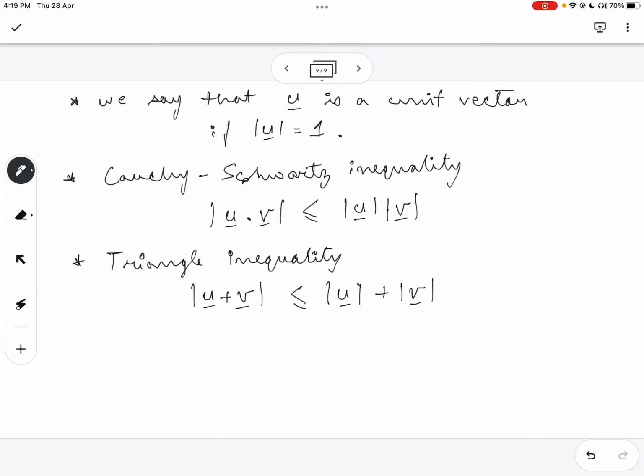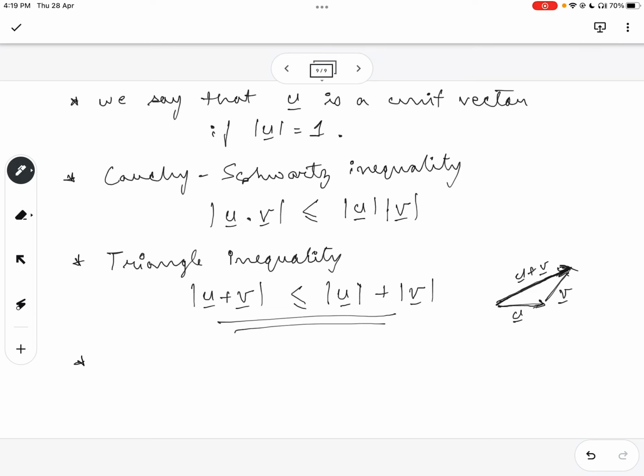That is, say for example, we have a vector u and a vector v, and the triangle that u plus v forms with the two vectors. So the length of any side of a triangle is always less than or equal to the sum of the lengths of the other two sides. This is what the triangle inequality says.